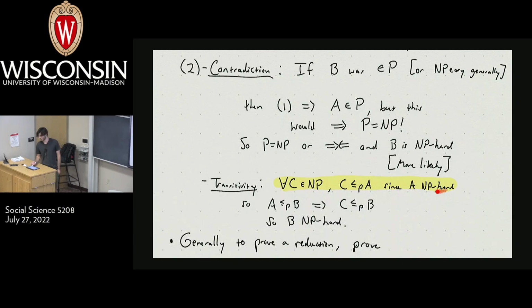This just defines hardness. This just says it's NP hard. It does not say that A is in NP. That's a separate thing. So this just tells you that A is at least as hard as every problem in NP. And that's literally how you should read this statement. For every problem in NP, that problem is less hard than A. A is harder than every single problem in NP. And that's why it's called NP hard.